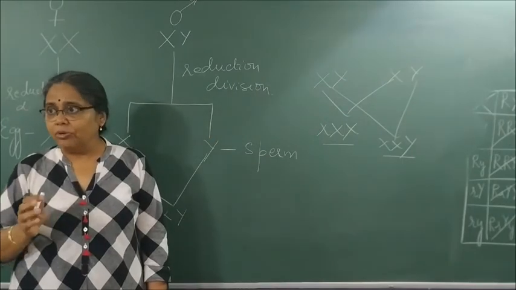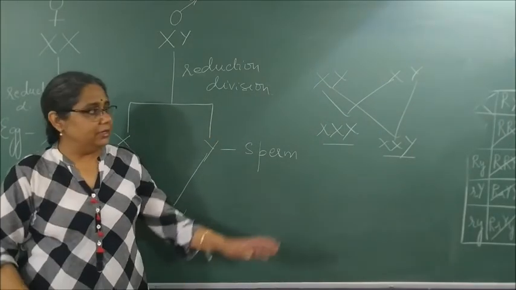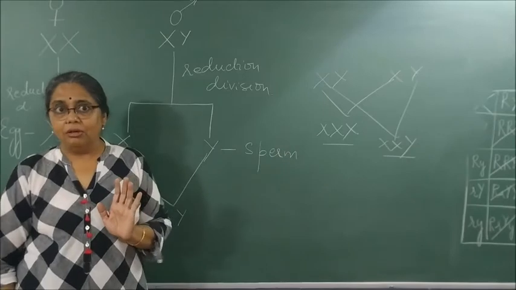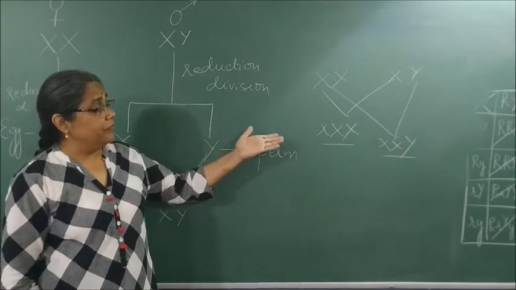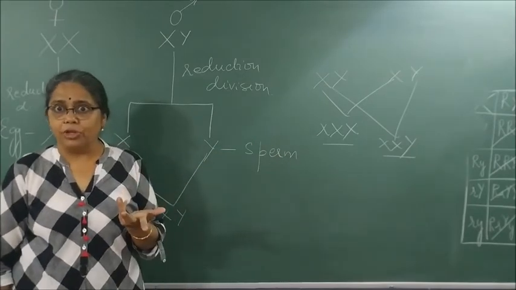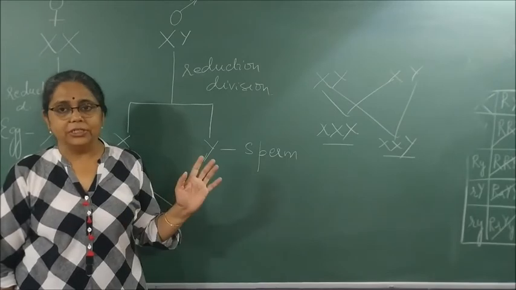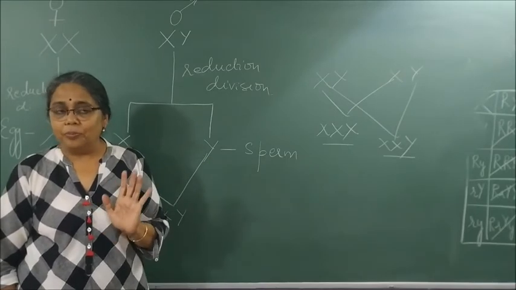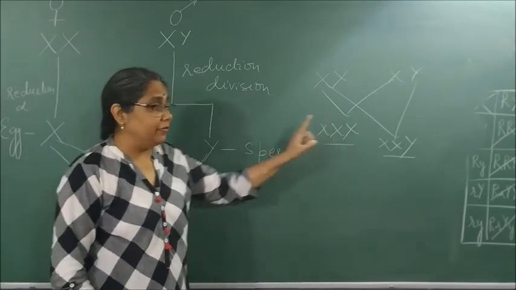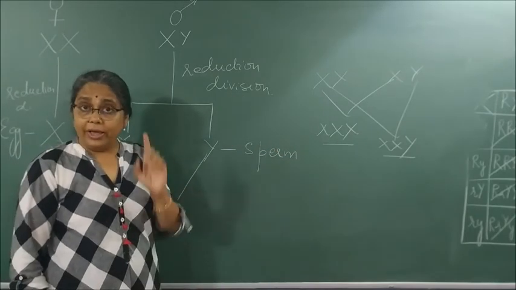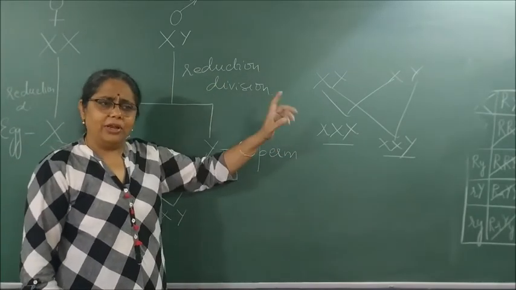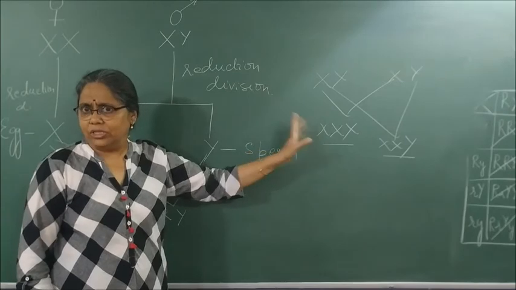So please don't use your over-smart brain and start doing all this nonsense, and then say, I have done everything, only one X is more, give me marks. One X can ruin your whole life. So please, without reduction division, don't do this drama. Why I am telling you is that every year one fool will be there in class who will do this.